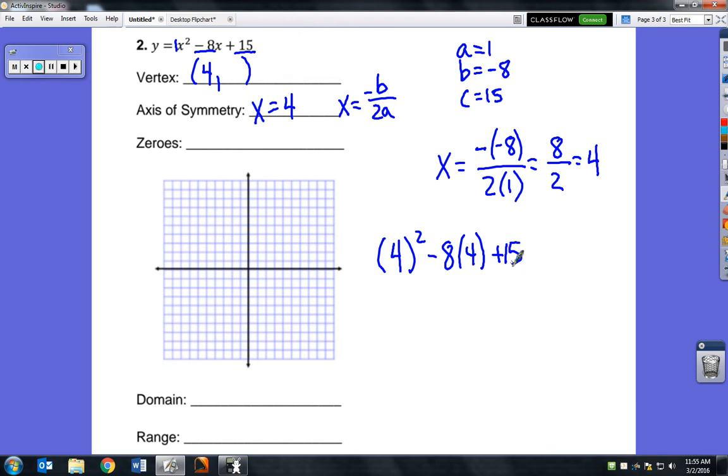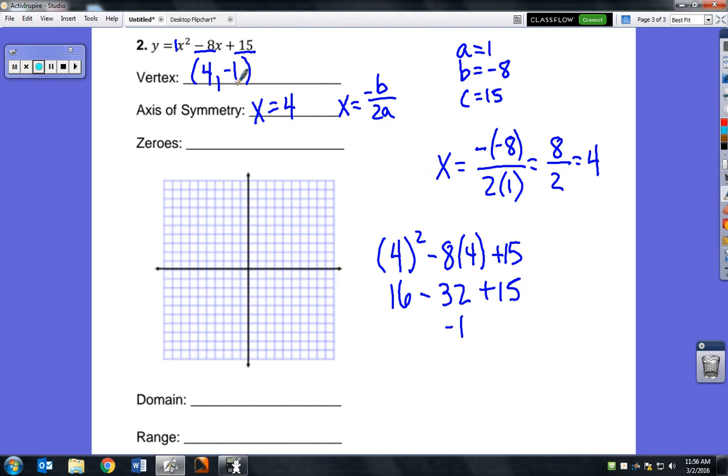Let's break that down. 4 squared is 16. Negative 8 times 4 is negative 32 plus 15. Alright, so 16 minus 32 plus 15 is negative 1. So my vertex is 4, negative 1.